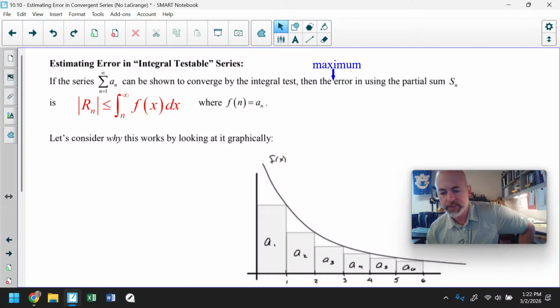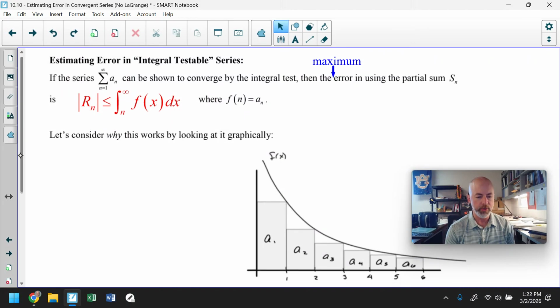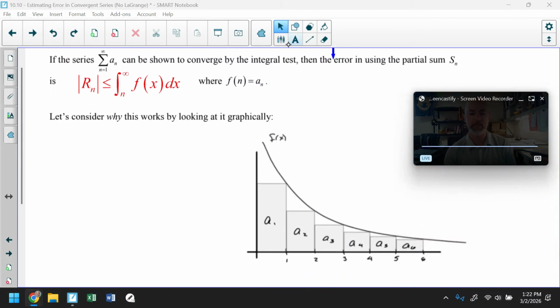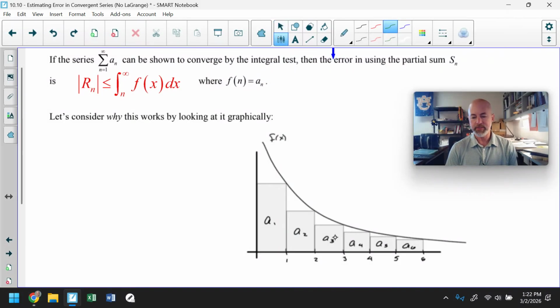We're going to look at this graphically to explain why this works. I'm not going to get super deep into details, just enough so that it makes some sense. Let's say this is some series, and I want to approximate the sum from 1 to infinity of a sub n, where f of x corresponds to a sub n.